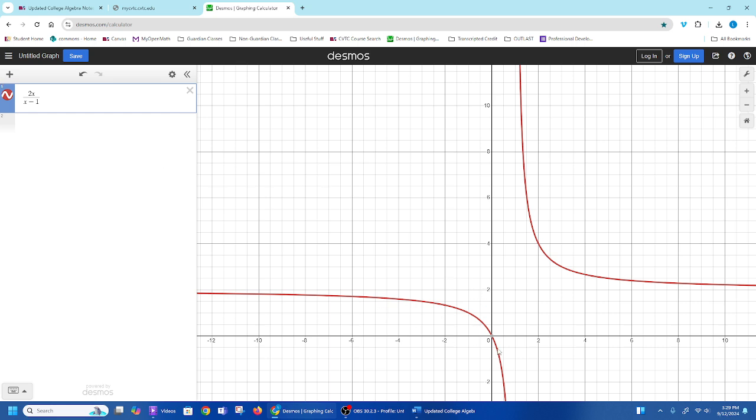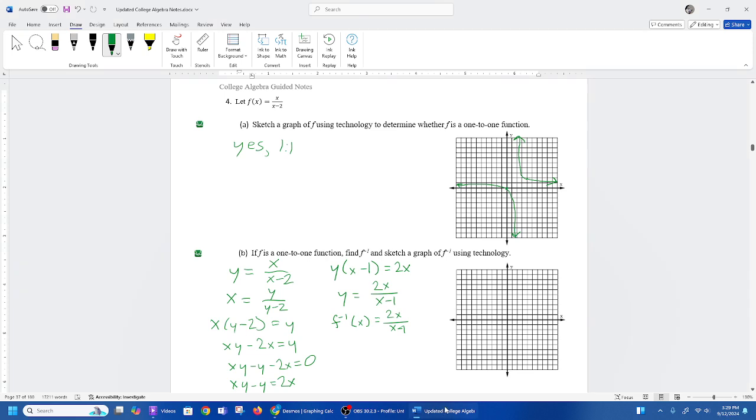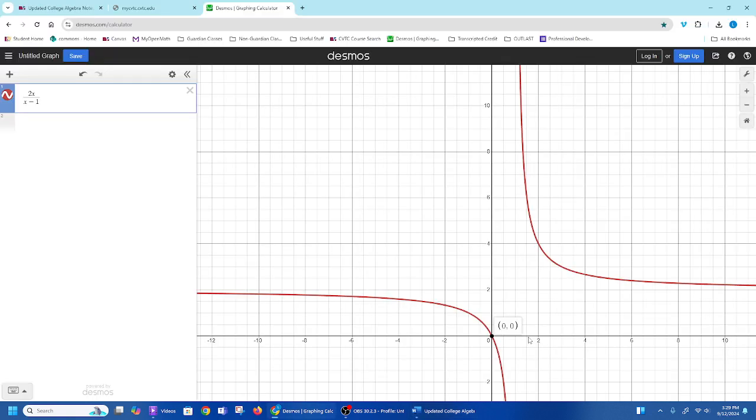And here we are. Still goes through 0, 0, but now it's approaching y equals 2 and x equals 1. Despite my terrible drawing, it's never going to actually touch either, but it's going to approach both.